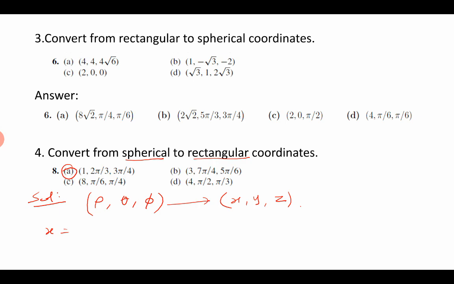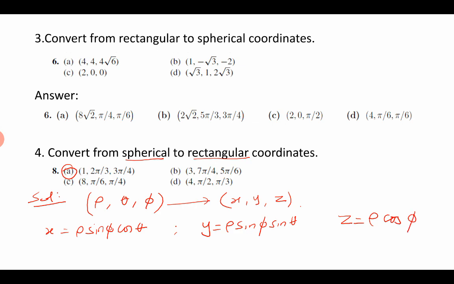Rho sin phi cosine theta. Y is rho sin phi sin theta, and z is rho cosine phi.